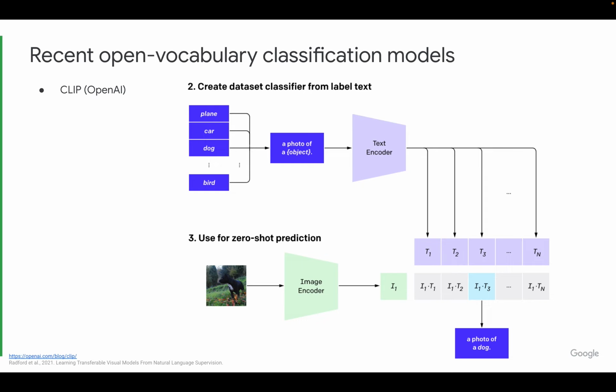The predicted category is the one that is the most similar with the input image in the joint embedding space. This approach achieves 76.2% top-1 accuracy on ImageNet. This result is comparable with a fully supervised ResNet 50 model, but CLIP is not trained on the ImageNet training data at all.